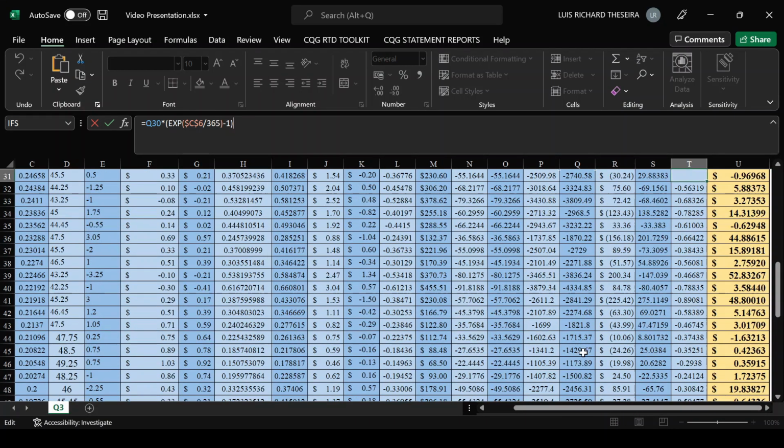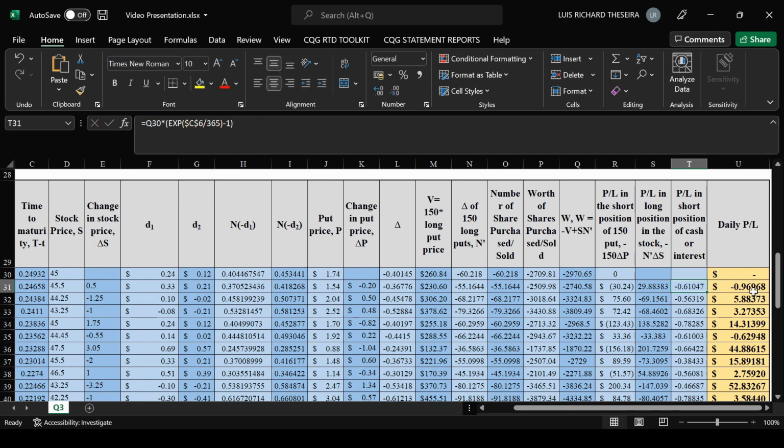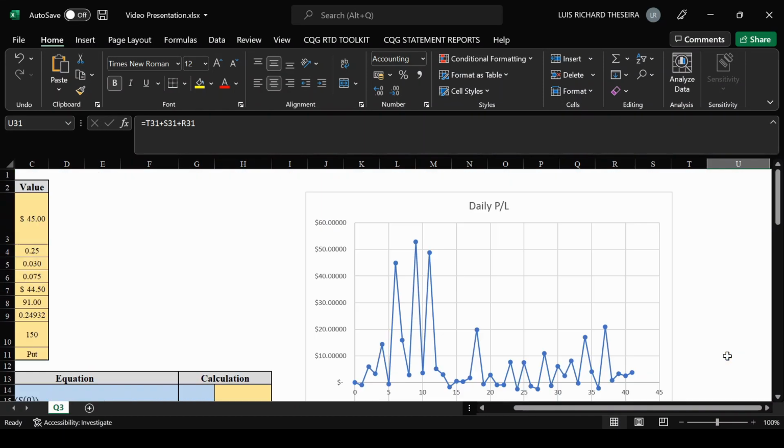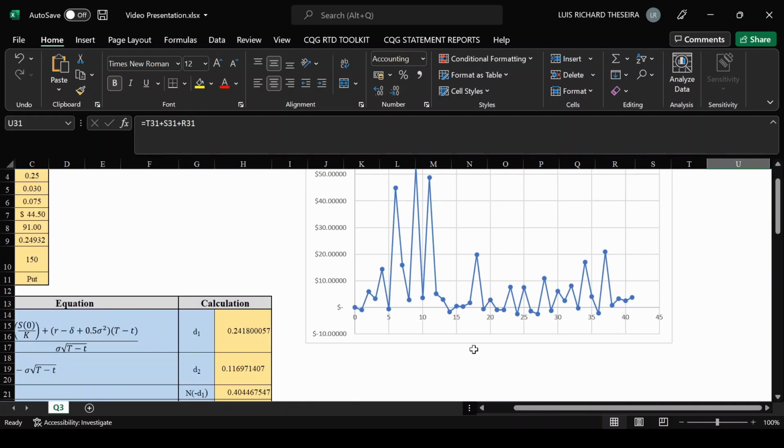And all of that will be multiplied by W. So based off that, we get these three values, and now we just need to sum it up, and we will have the daily profit or loss for each day. And here is the graph of what it looks like. Thank you very much.